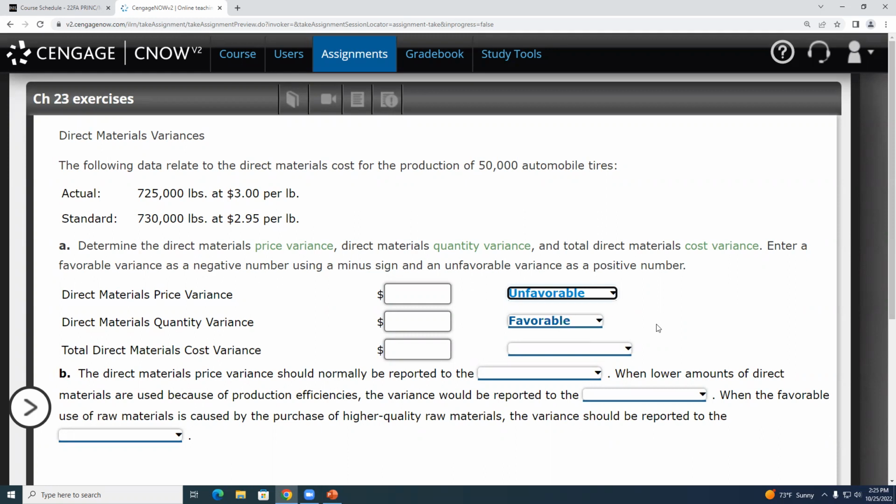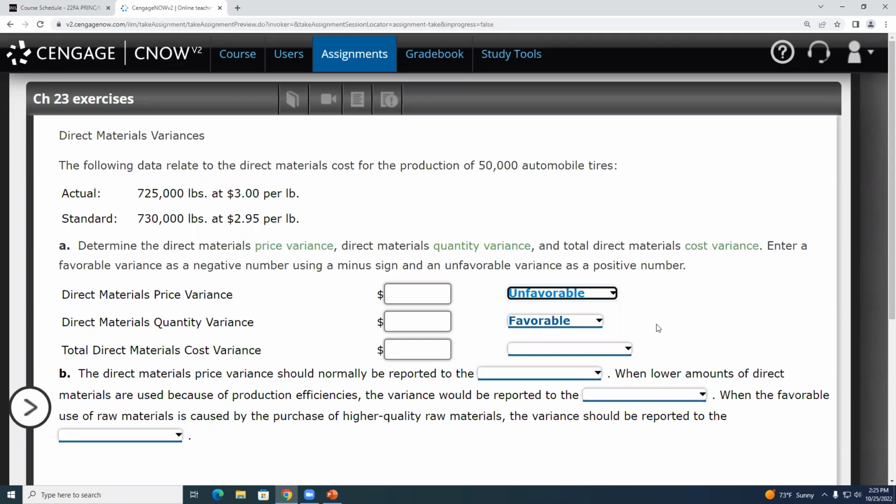Might it be that we had to use less of the material because we bought a better quality material? That kind of makes sense. It's one possible explanation, right? We used less of it because maybe there was less scrap because this material just worked better because it was more expensive. It was a better quality product. That could be. That's just one explanation.